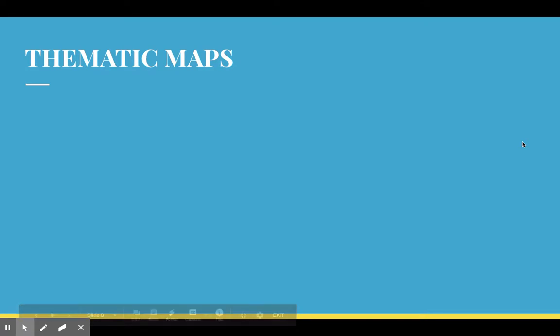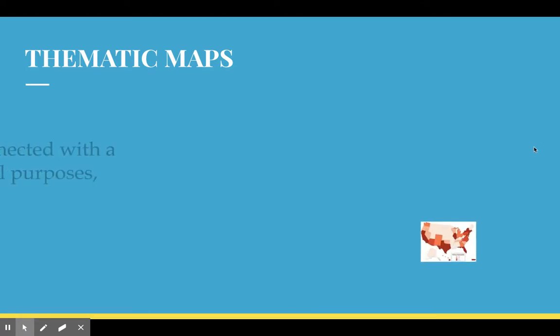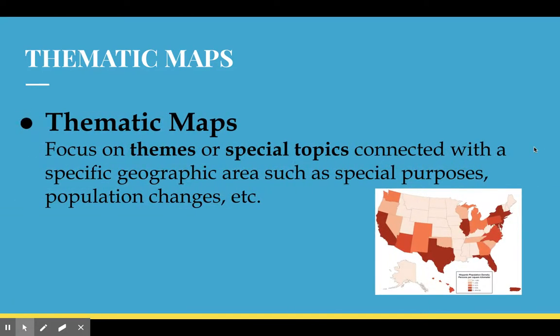What's our next one? Thematic maps. I like thematic maps. I think they're my favorite, besides physical maps. All right, thematic maps are maps that focus on a specific theme or some kind of topic connected with a geographic area. So maybe it's something to do with population in an area. That's a theme.